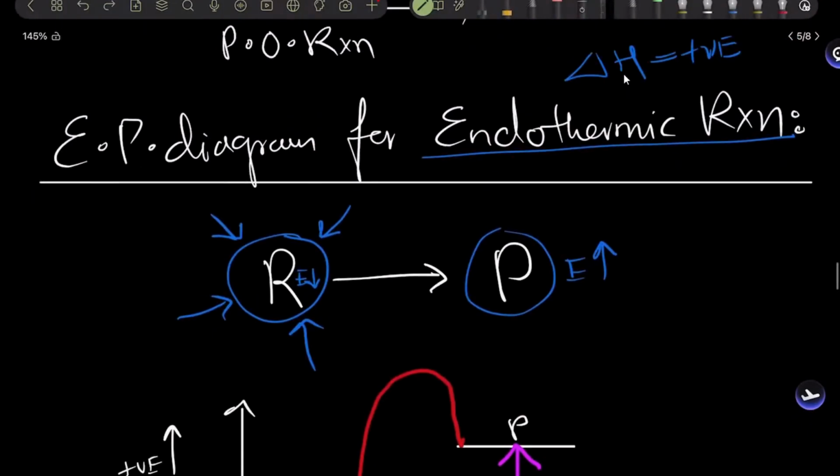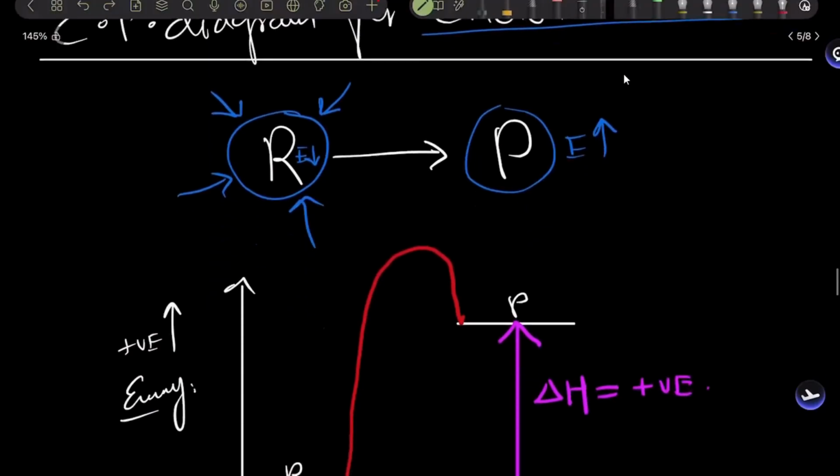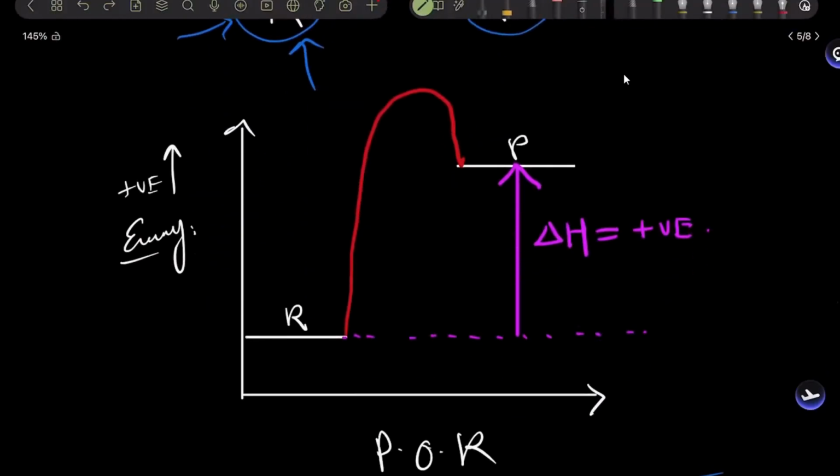Now, endothermic reaction, we know that they absorb energy, right? So from the reactant line to the top of the energy hump, this is going to be the activation energy for this. We'll label it as EA. Any problem? No. From the reactant line to the top of the energy hump, that's our activation energy, right?